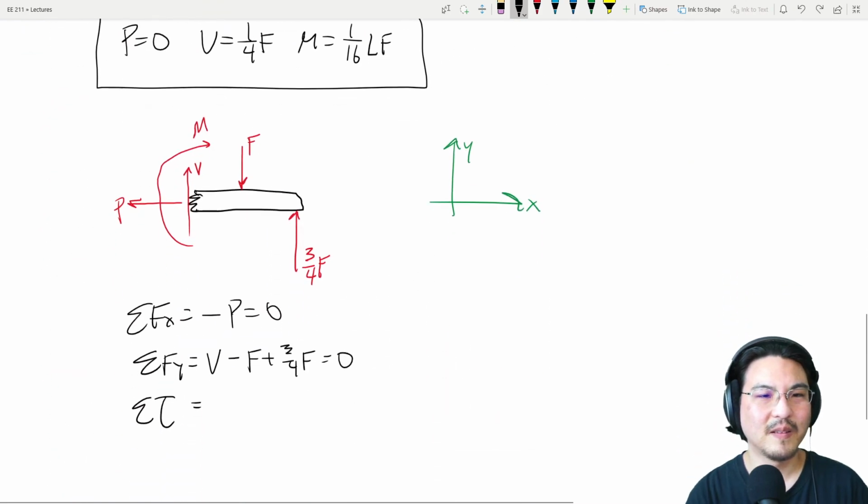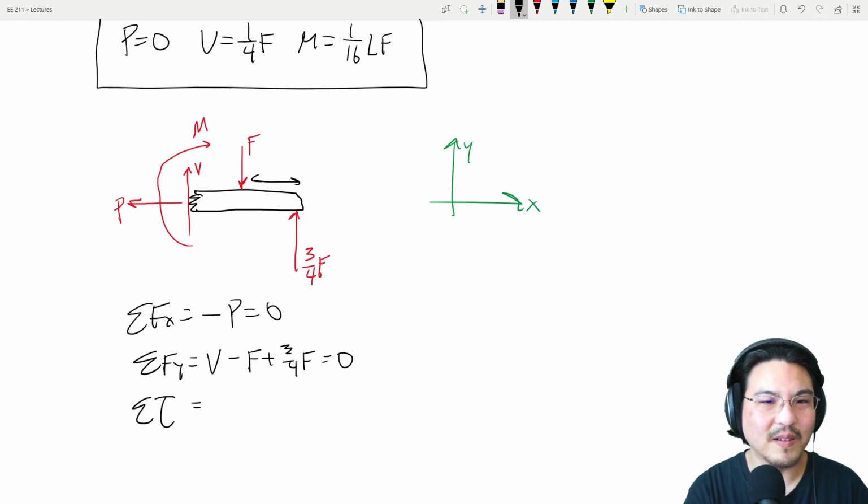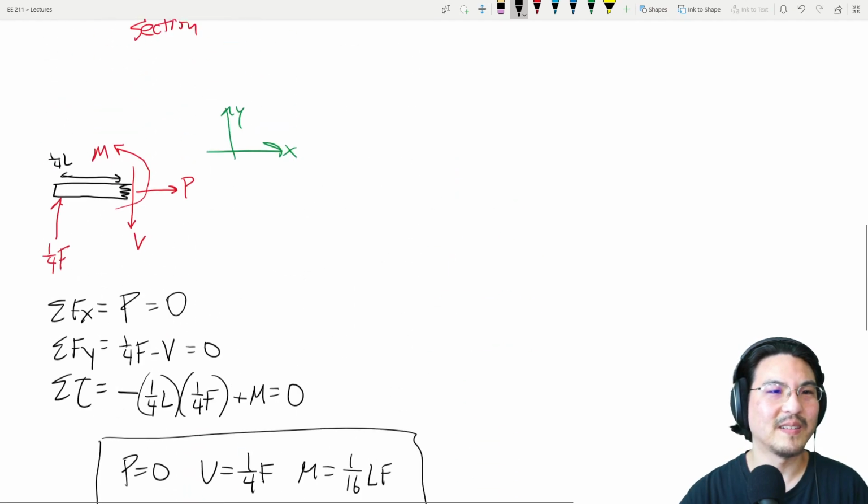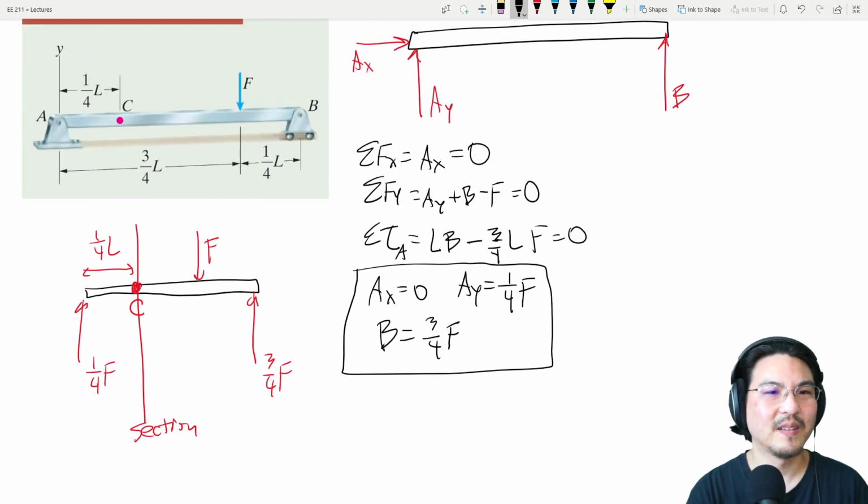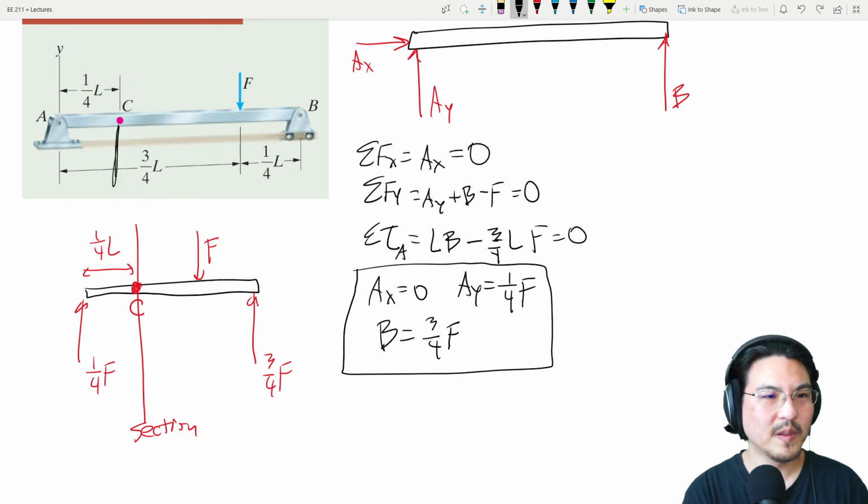So here to here is 1/4 L. Here to here is 3/4 L. Right? You see. Oh, no. Here to the end was 3/4 L. So here to here, right, is 1/4.